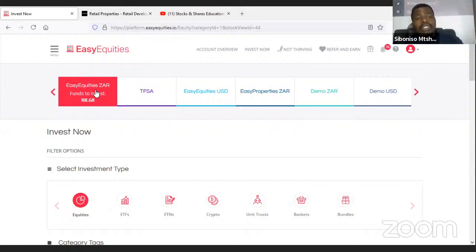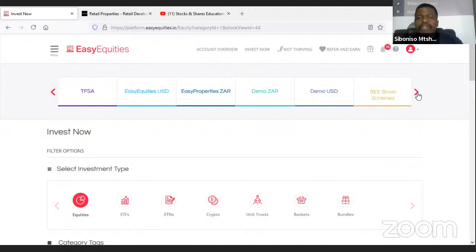Okay, so this is the Easy Equity ZAR, and on this other side is the USD. There's property. If you are using a smartphone you scroll up, but if you are using a desktop, you must scroll to the left to check the last one. You see this, there is a PE share scheme, under USD.